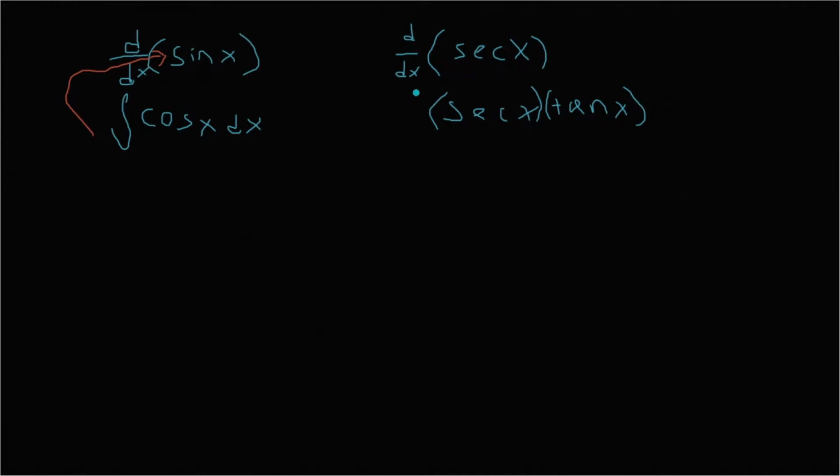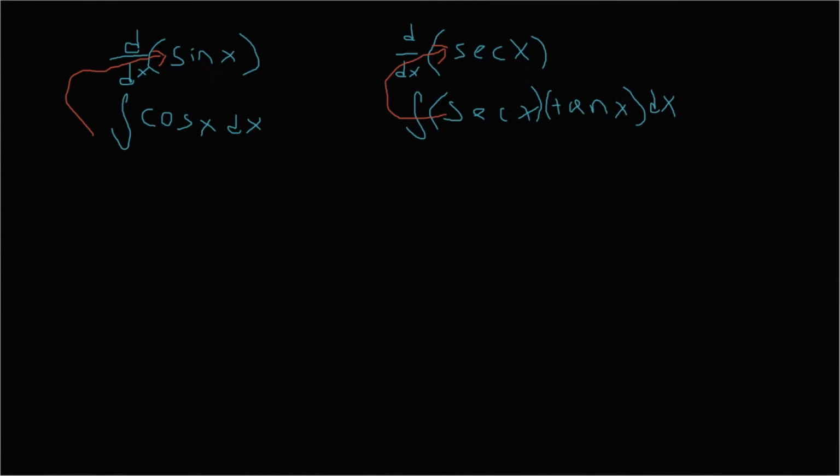And so if you wanted to integrate them with respect to x, we know that this would go back to secant x. So if you see some trig stuff, you want to try and put it in terms of a trig derivative so that you can easily integrate it.